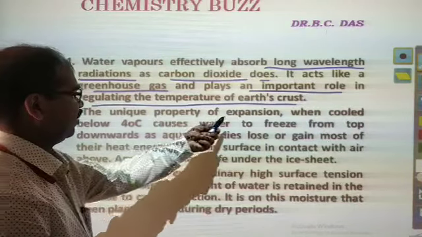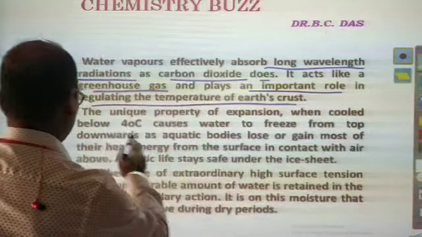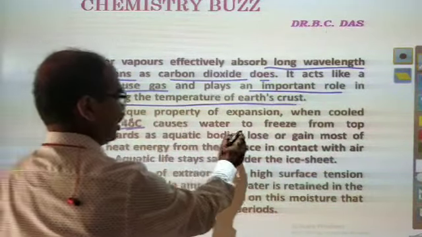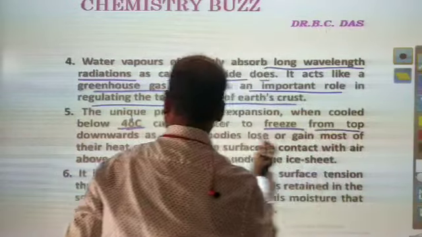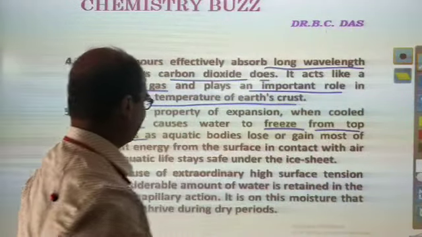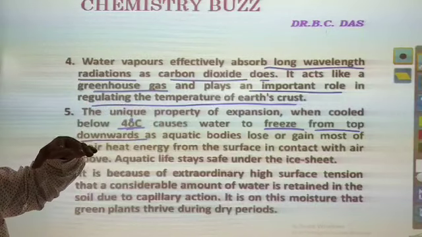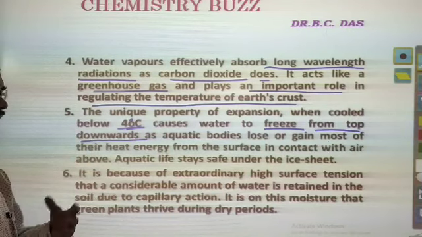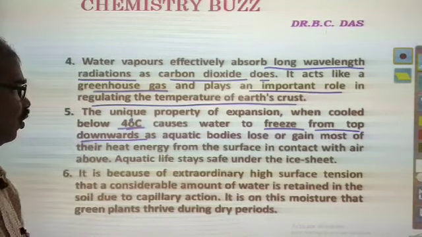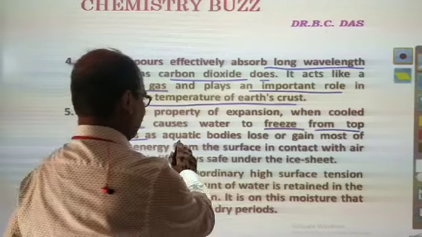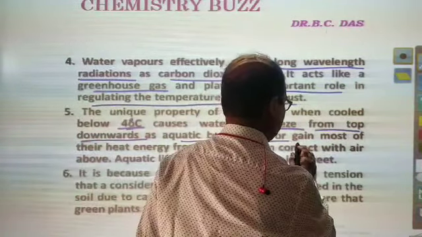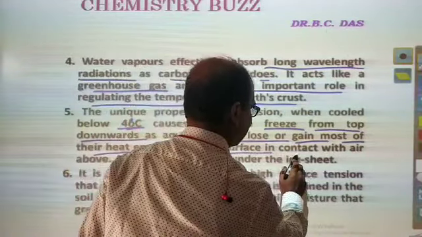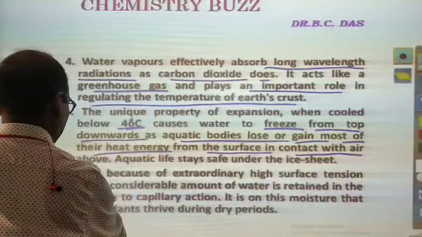The unique property of expansion when cooled below 4 degrees centigrade causes water to freeze from top downwards. So when we cool water below 4 degrees centigrade, it starts freezing from top to bottom, as aquatic bodies lose or gain most of their heat energy from the surface in contact with the air above.